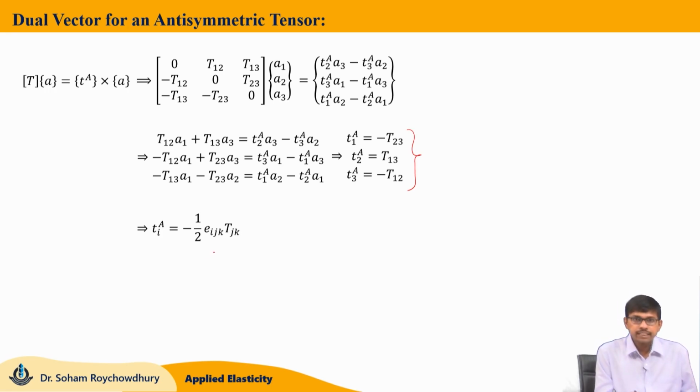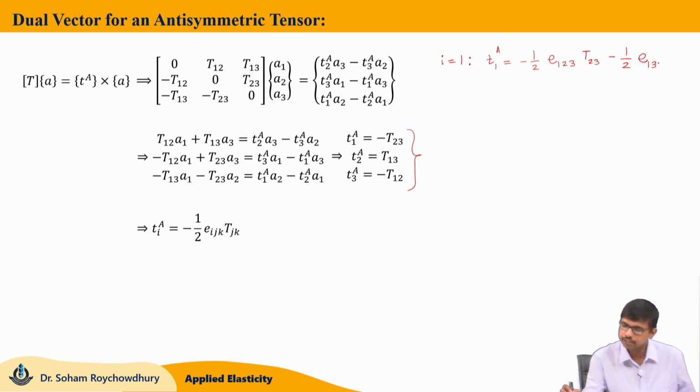Now, if we expand this index notation with i equals 1, T1^A would be minus half of E123 T23 minus half of E132 T32, and this would be minus T23 by 2 minus T23 by 2.